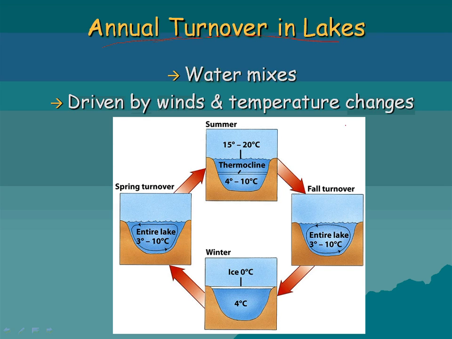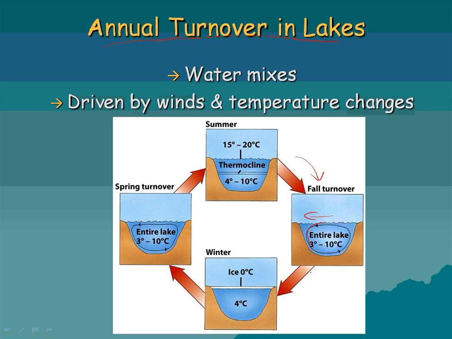So in the summer, you can see you have pretty steady water. The thermocline develops here. You have warmer water on top, colder water on the bottom. And in the fall, as the winds pick up and the water gets colder on top, the water on top is going to start to sink as it cools and also as the winds kind of blow it around.